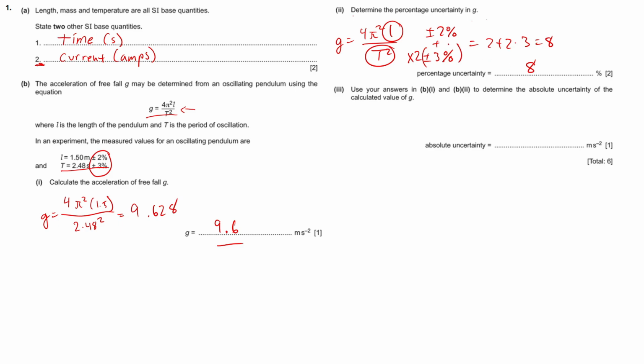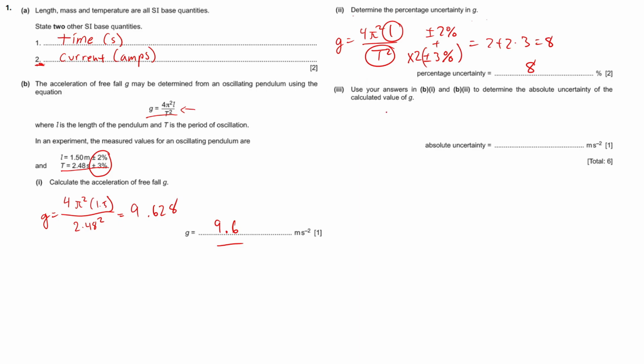I should say that when you're multiplying or dividing, you have to use percentage uncertainty, and when you're calculating the total percentage uncertainty, you have to add them. Next: use your answers in B1 and B2 to determine the absolute uncertainty of the calculated value of g.